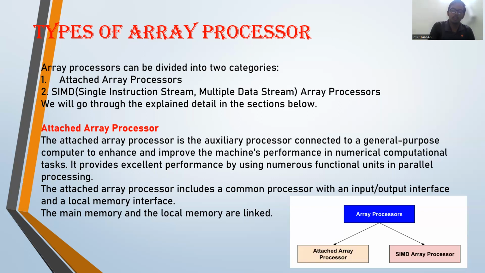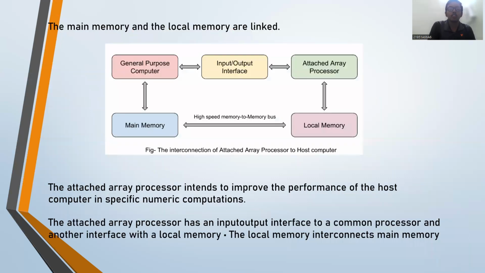Array processors are of two types: attached array processor and SIMD array processor. The main memory and the local memory are linked. The general purpose computer goes to the input-output interface and then to the attached array processor, and the attached array processor is linked with local memory, and the general purpose computer is linked with main memory.